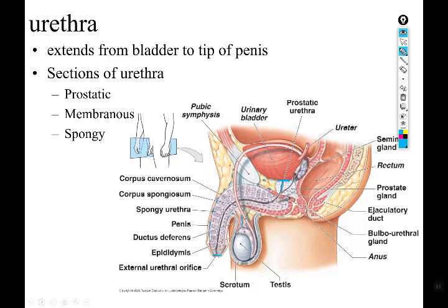I'm going to make the prostatic urethra blue. And then the membranous urethra, which is orange. It's just this little part here that passes through the pelvic floor. And then the penile urethra, which is the rest of this, all the stuff that passes through the erectile tissues of the penis.